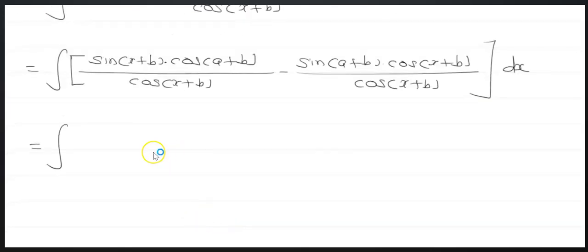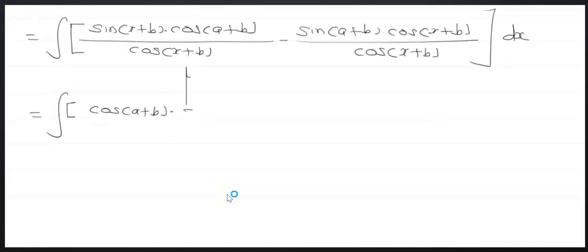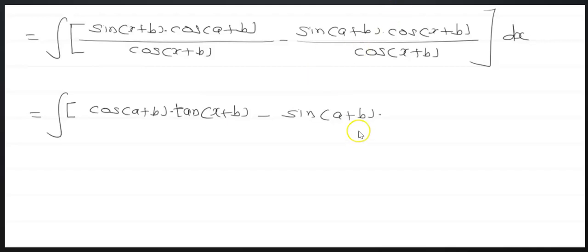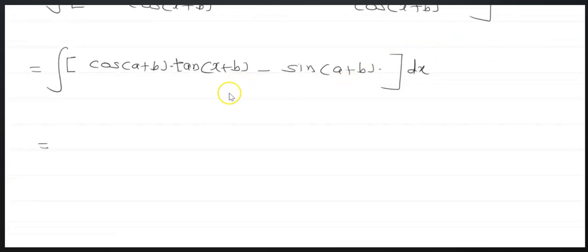Now the cancellations of the terms are sin of x plus b upon cos of x plus b, it becomes tan of x plus b, here is a cos of a plus b into tan of x plus b minus sin of a plus b cos of x plus b upon cos of x plus b get cancelled.